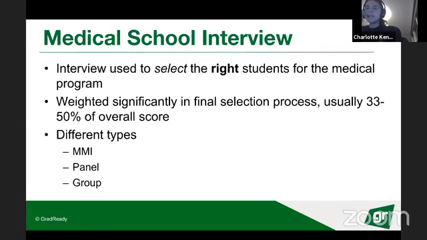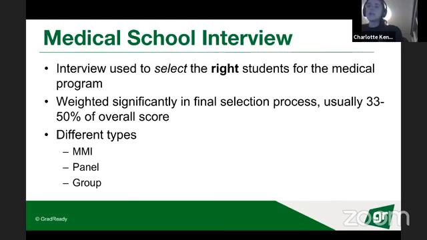Basically, the interview is their way of sussing out who they actually want in their program and who they don't want in their program. Because for a lot of schools, especially the schools that only take GAMSAT, you get a lot of people sitting on really similar scores. If you think about the GAMSAT percentile curve, between a score of 68, 69, and 70, you'll have about 300 or 400 people.